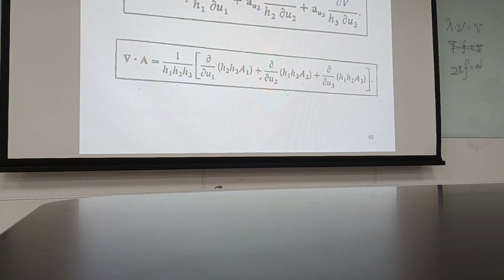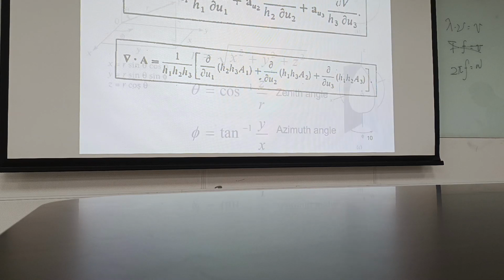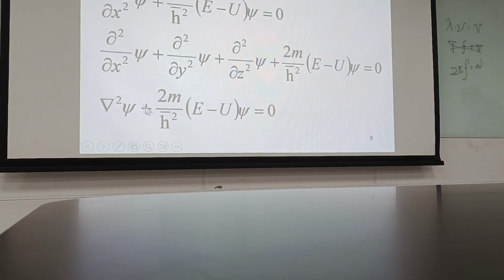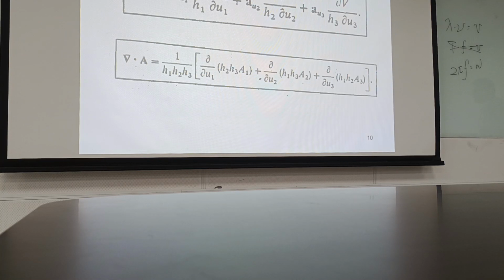And if we do not use x, y, z, but use r, theta, phi, we know that the Laplacian, delta squared, in Cartesian equals partial x squared plus partial y squared plus partial z squared. But in r, theta, phi, if I want to get the Laplacian, it equals delta dot delta.